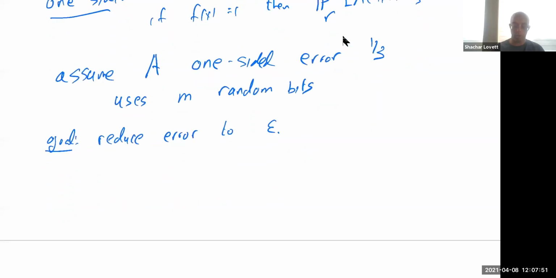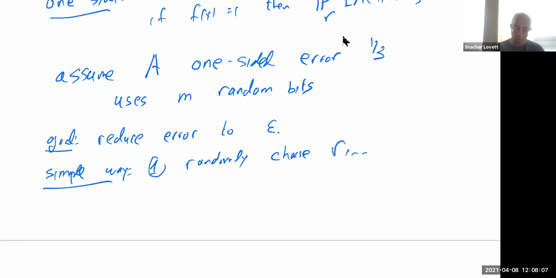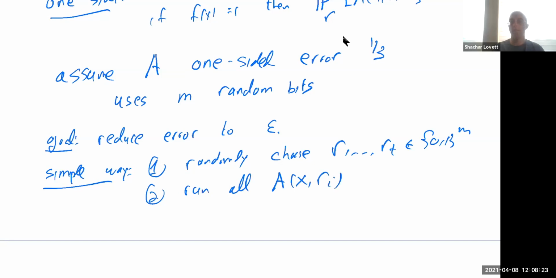Well, here's a simple way. We're going to randomly choose random strings, let's say r1 up to rt in {0,1}^m. We're going to run all of A(x, ri).